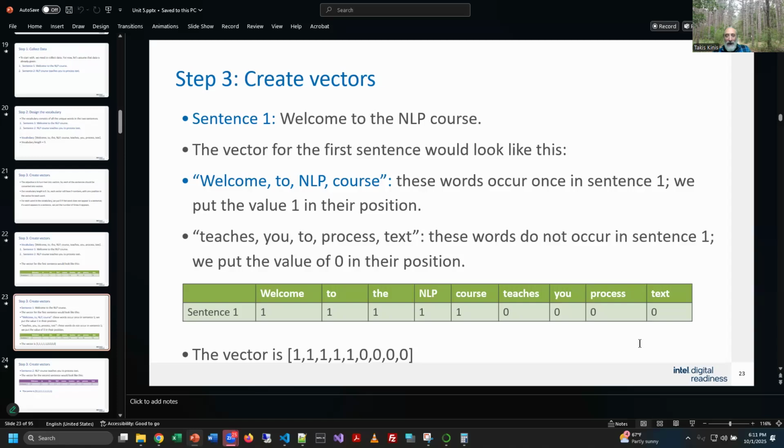And I'm not sure if I said that the right number of times, but that's how you convert it for the first sentence relative to the bag of words, right? And remember, it's relative to the entire complexity of the word. So if I had a document with 1,000 sentences, right, you can imagine there would be a lot more words in the bag of words, and the vectors would get much longer, clearly.